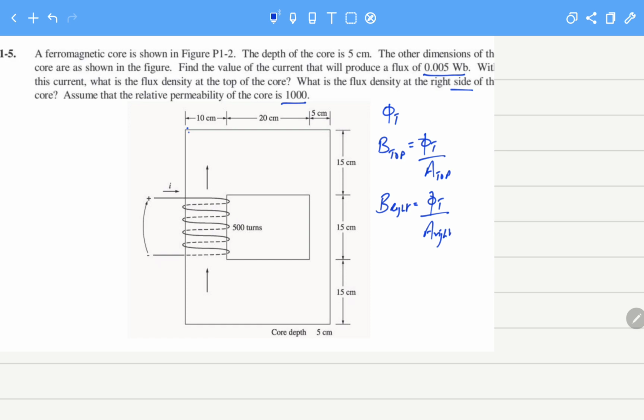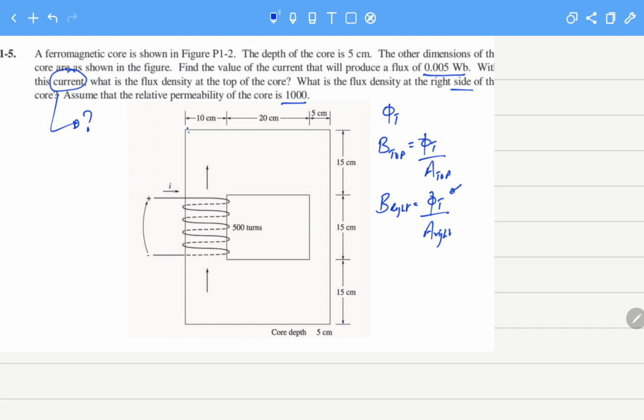Now to calculate the total flux, we have, they have given us the total flux, but what they are asking for is the current. We have to calculate the current.